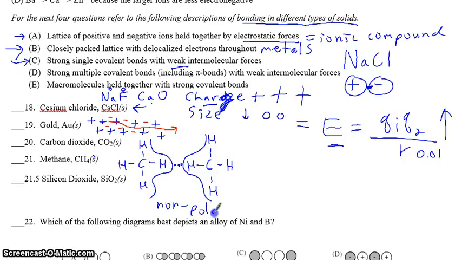We're going to look at intermolecular forces in much more depth in chapter 12 and 13 review. But this essentially matches up for methane. So these are nonpolar molecules. D says strong multiple covalent bonds with weak intermolecular forces. That would be the case for CO2.